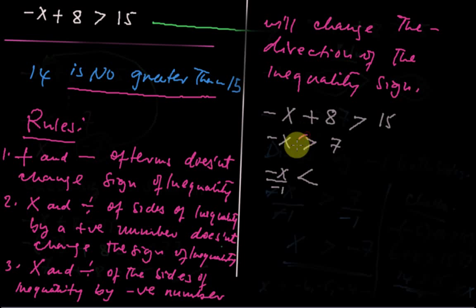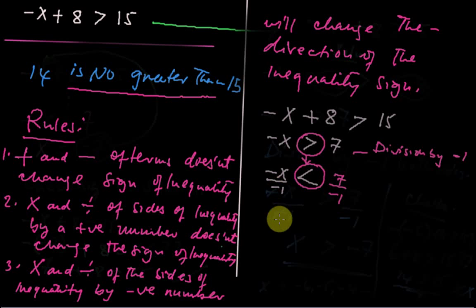This sign changes to this. It changes because of this division by -1. Division by -1 changes this sign, equal to 7 divided by -1.